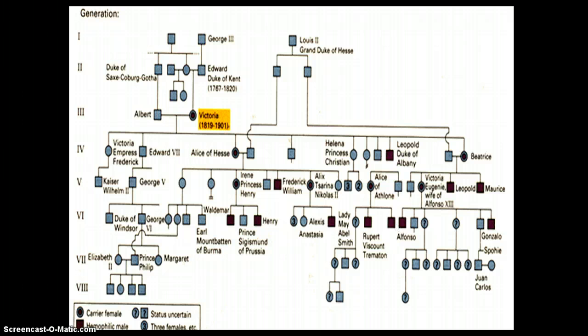So I can tell right now that this is a sex-linked recessive trait. One, because if you have a carrier, whether that be sex-linked or autosomal, you're going to express that trait if it's not recessive. So if you have carriers, you know it's recessive.